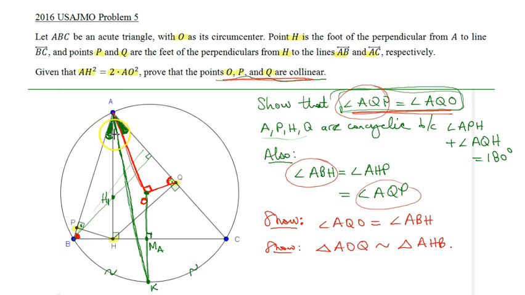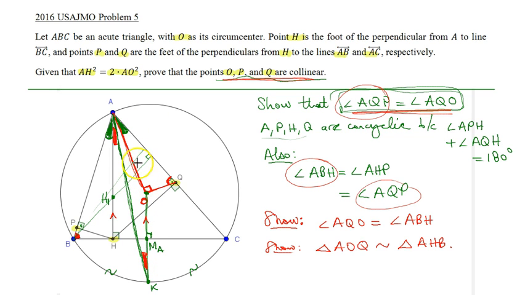Check that this angle here, angle HAK, is equal to this angle, angle AKO, and it is simply because these angles are alternate interior angles, because those two lines are parallel. AH is parallel to OK, and further OA is equal to OK, because these are both radii of the circumcircle, so the circumradius.